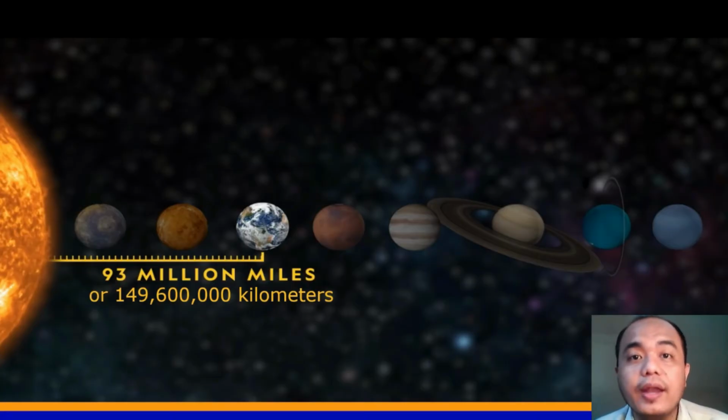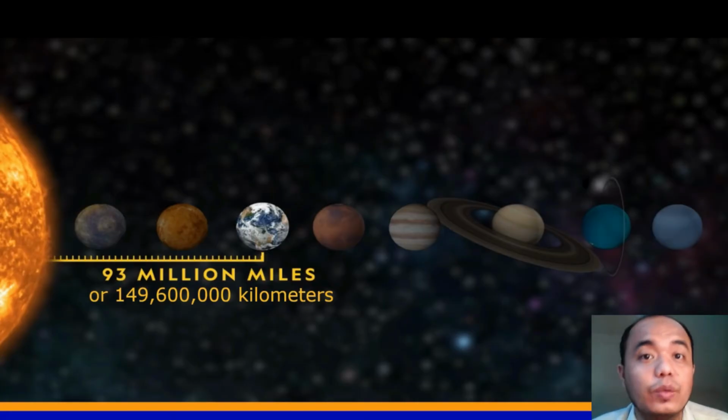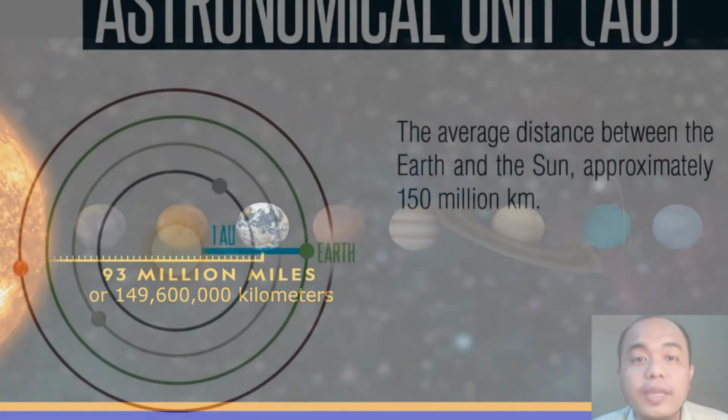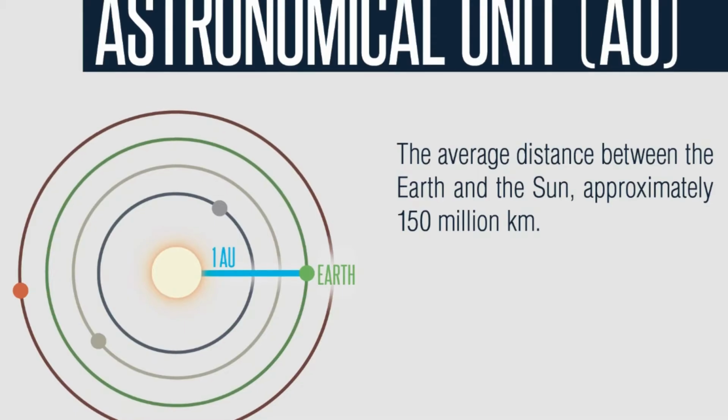Kaya ang ginawa ng astronomers, gumawa sila ng isang unit para mas ma-simplify pa ang pag-illustrate ng distance between planets or between heavenly bodies. And this is called the Astronomical Unit or AU.